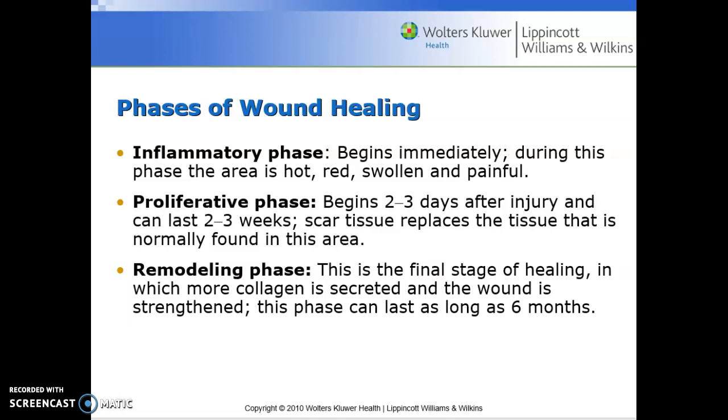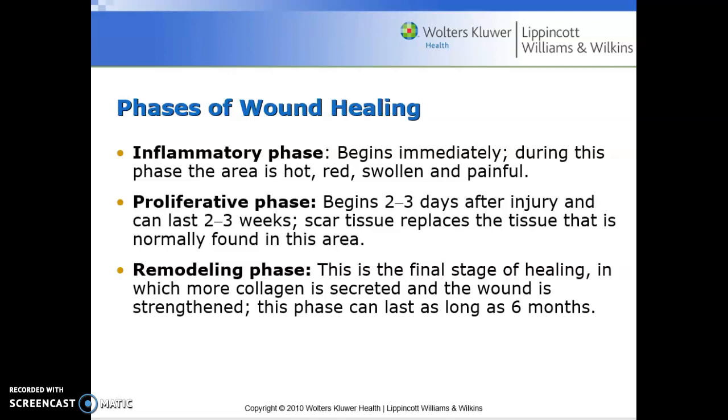Proliferative means growing rapidly. In the proliferative phase, the body begins to replace the damaged tissue. So we see this granulation tissue. Granulation tissue is a thin layer of new tissue, and it may be red and bumpy in appearance, and it's very fragile, and it has new blood vessels coming into it, so it may bleed easily.